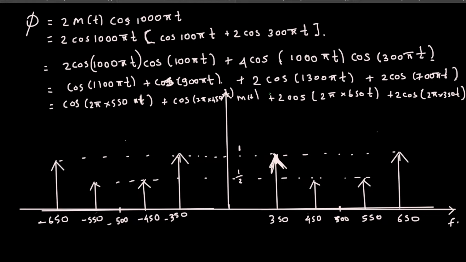The upper side band components are 550 and 650, and these belong to cos 1100 and 1300. That's going to be the equation we put here.